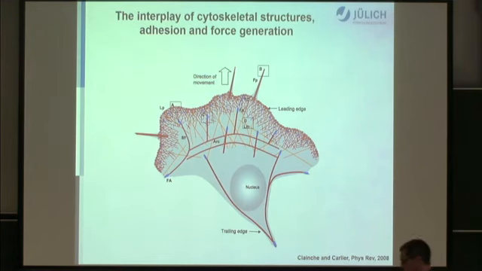So schematically, such a migrating keratinocyte is shown here. Here a real trailing edge. Sometimes you just have, as shown before, those retraction fibers. And I would like to go now through the four most important areas in the cell leading to directed cell migration for epithelial cells.